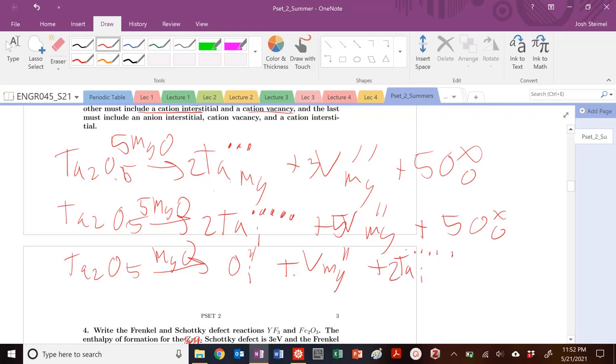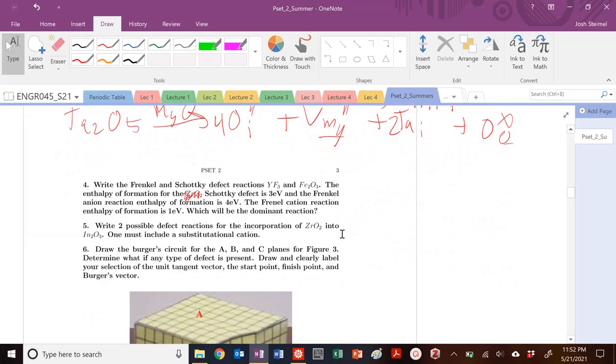I'm going to go ahead and do 4 here. So we got 4 oxygens, we have 2 tantalum, so I need 1 more oxygen. And that should give me my charge balance, or mass balance, excuse me. And then if I look at my Mg, O, I'm good to go. So that's my defect reactions.